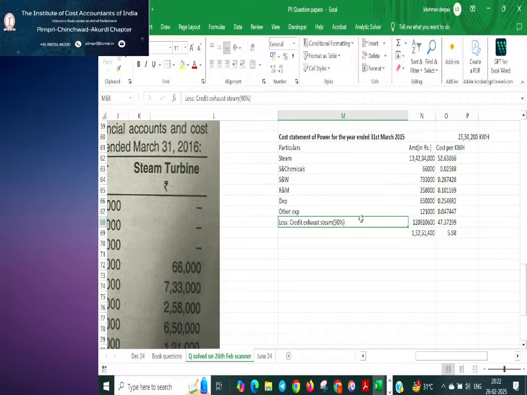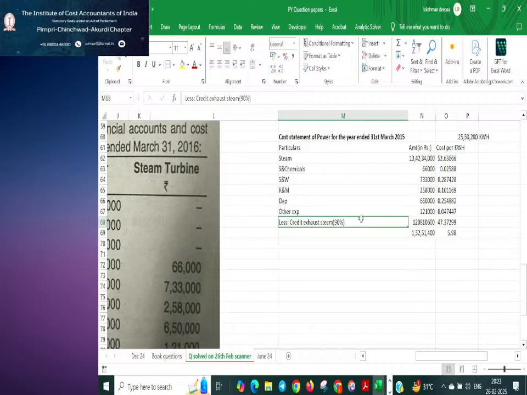Okay? So what I want to do is, I want to take you through the statements that we got to prepare. Like for the first time when you are going to approach an industry for cost audit, if someone has come to you and that is for the first time you are going to do, what are the things that you have to do? That is called a cost audit program. इसके ऊपर theory questions आ चुके हैं.